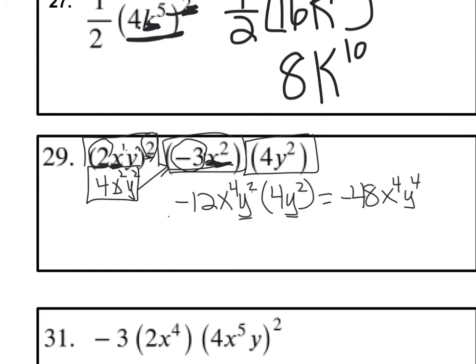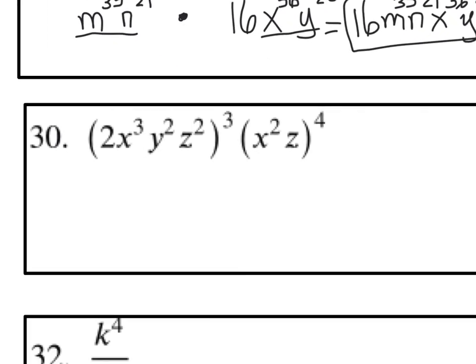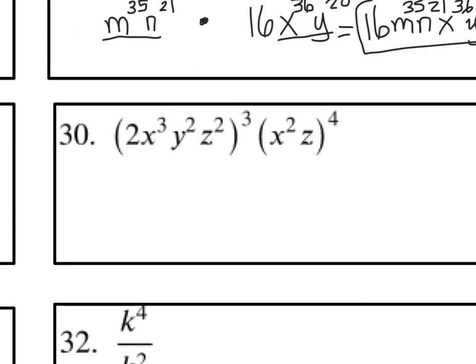Alright, and let's look at 30. We want to do these outside powers before we multiply the 2. So 2 to the 3rd power would be 2 times 2 is 4 times 2 is 8.